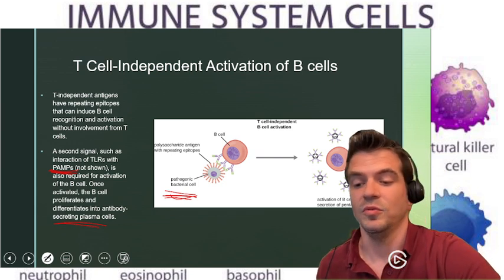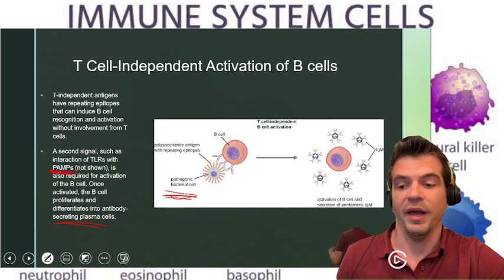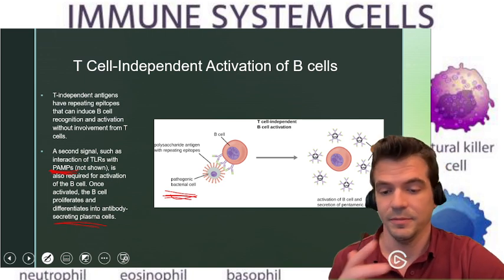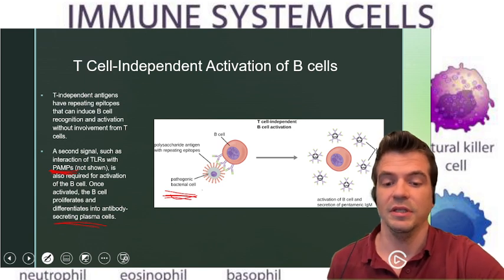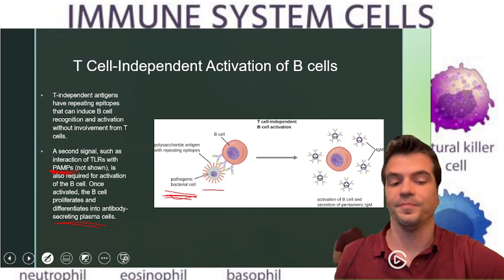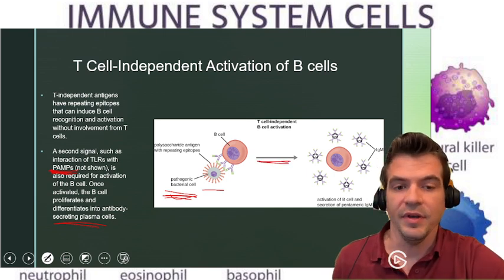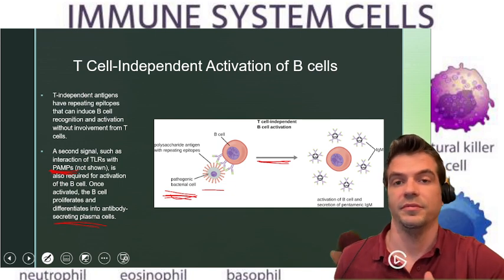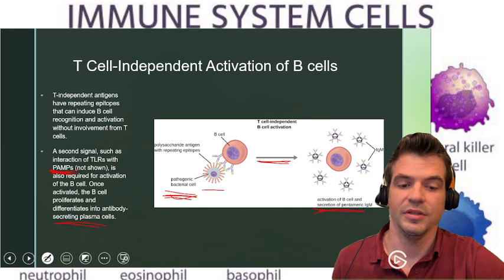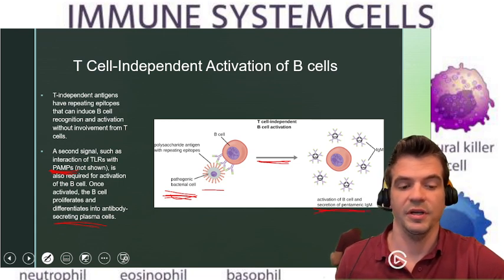Those would be molecular patterns that are associated with pathogens. So this B cell will detect the pathogen through the PAMPs, not detecting the whole pathogen, and then through activation of the B cell, we will activate and secrete our antibodies, in this case, pentameric IgM.